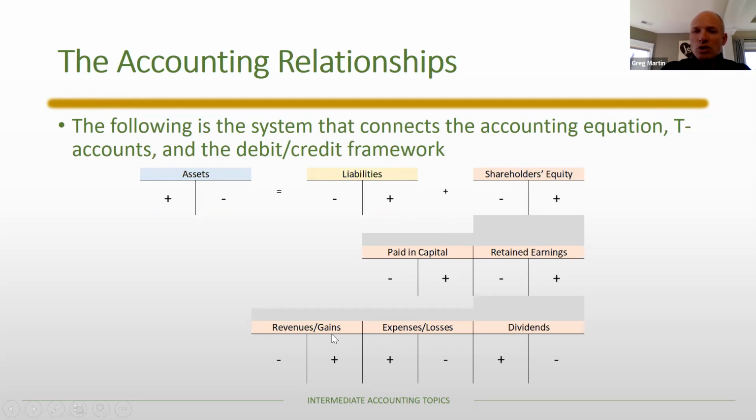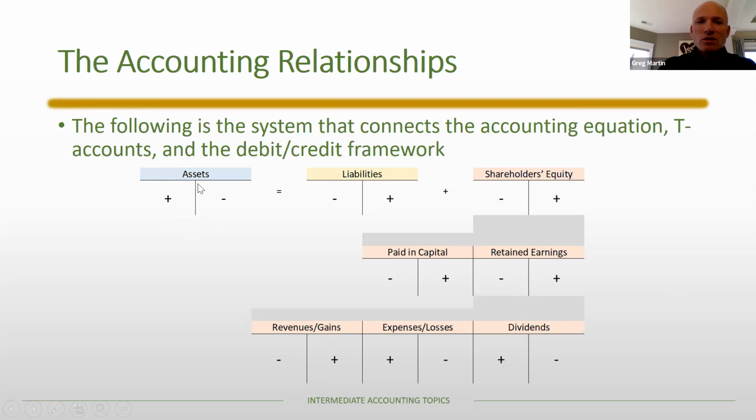And under retained earnings, we still have all those temporary accounts: revenues, gains, expenses, losses, and dividends. What's different now is that I've done a T account for each of the major areas that we've talked about. Notice that the T account has a left side and a right side.